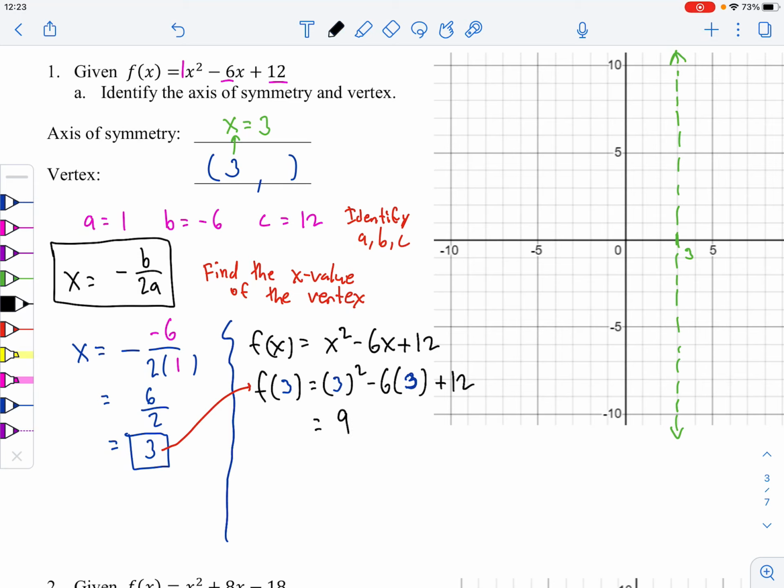3 squared, 3 times 3 is 9. -6 times 3 is -18. Plus 12 just comes down. Go left to right, 9 minus 18, -9. Plus 12 is +3.